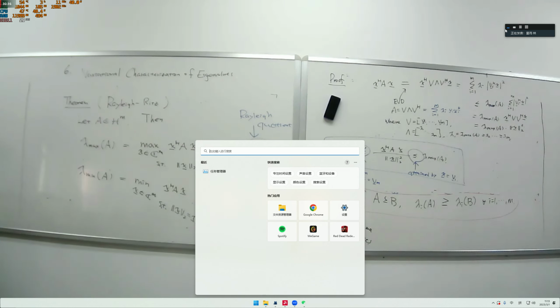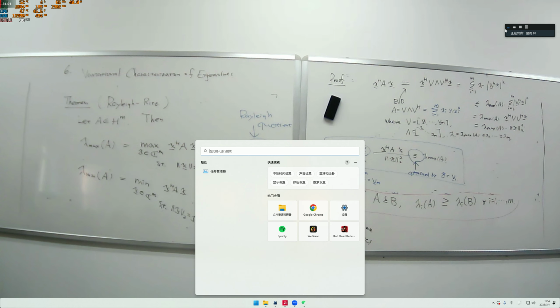Any questions here? Okay, so this tells us an alternative representation for the largest and smallest eigenvalues. And the natural question is, how about the others? How about the second largest eigenvalue? How about the third largest eigenvalue?